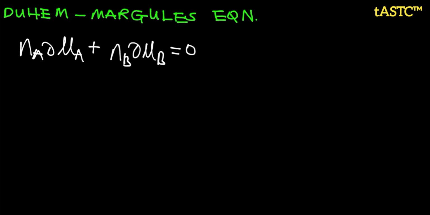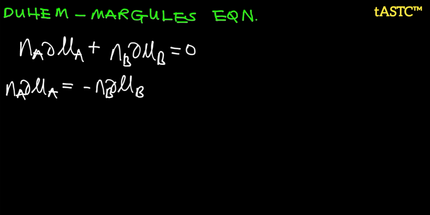The first thing I need to do is take this component to the other side of the equation. So that is going to look like this. We have N_A d mu_A, and on the other side we're going to have negative N_B d mu_B.